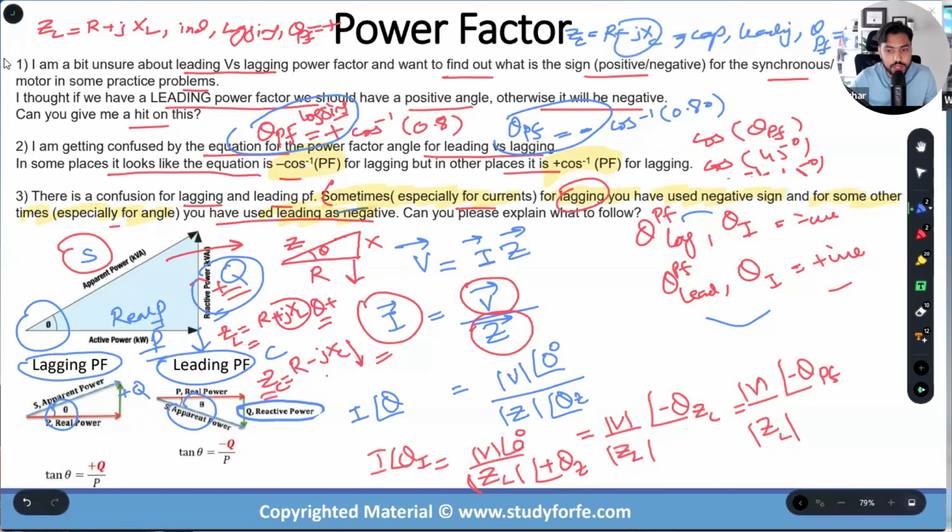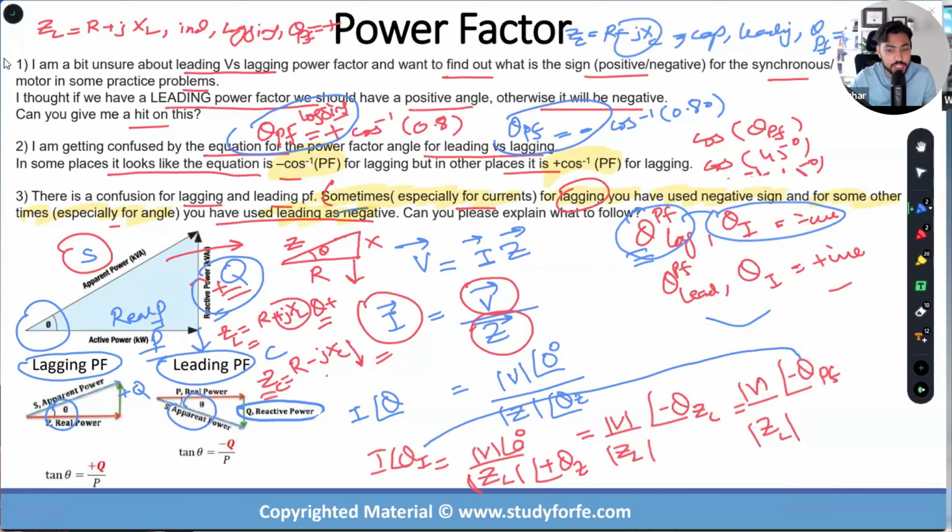Now, here's the thing, guys. Lagging power factor angle results in angle theta I, which is negative. Isn't it true? Theta I is negative for lagging. Again, if you take a memorization-based approach and don't have these concepts cleared out, at least during the preparation phase, you're gonna rely on these shortcuts.